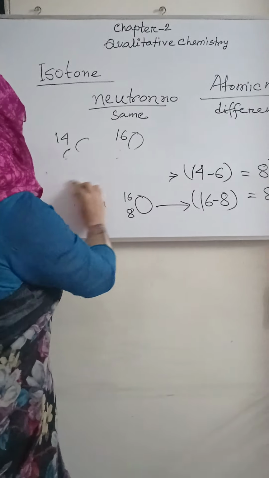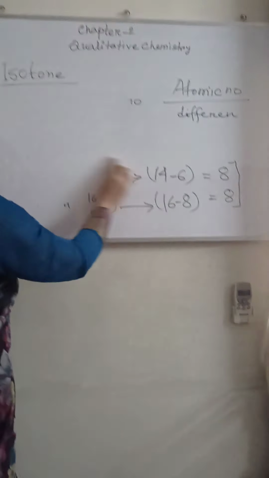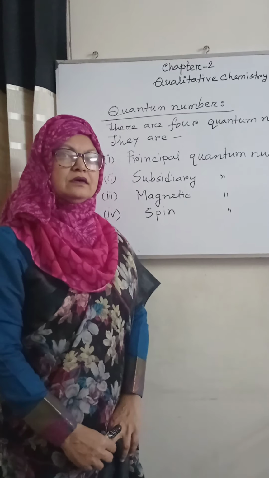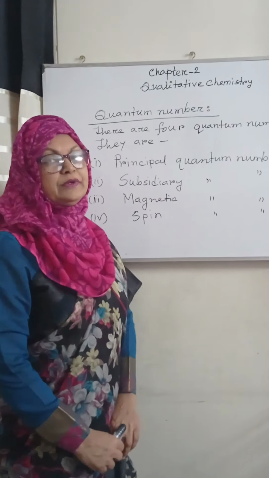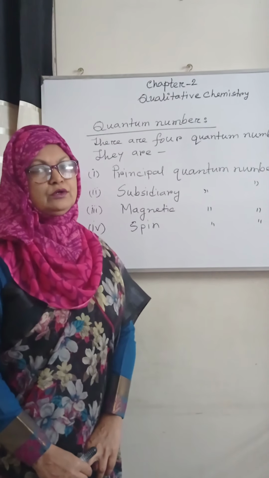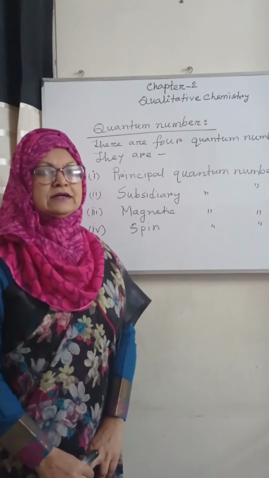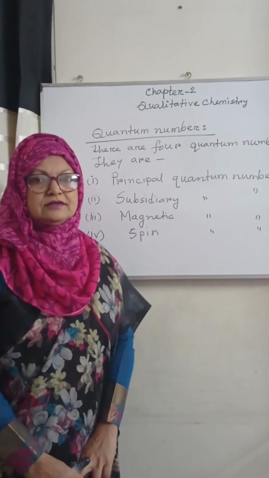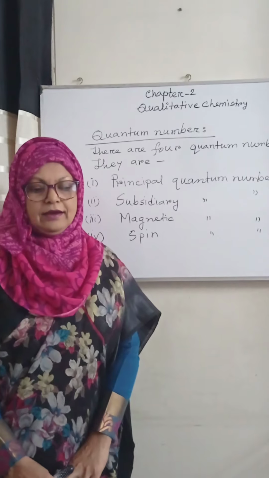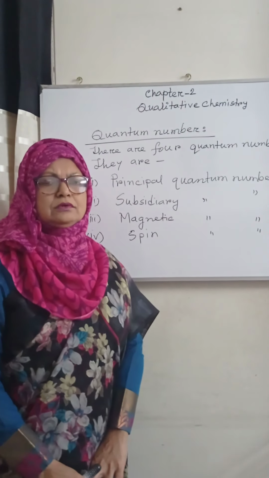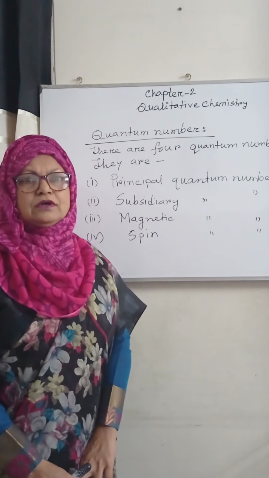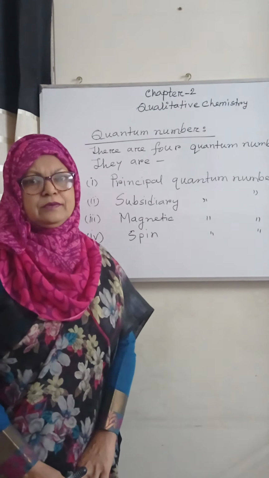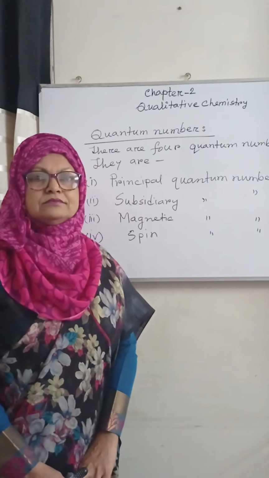Now our next topic is quantum number. Around the nucleus there are different numbers of energy levels, and the electrons revolve in these energy levels by following some rules.